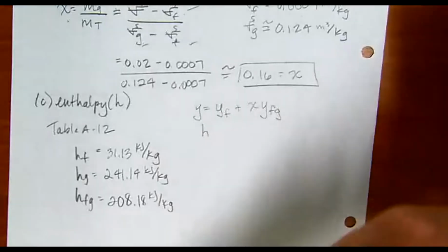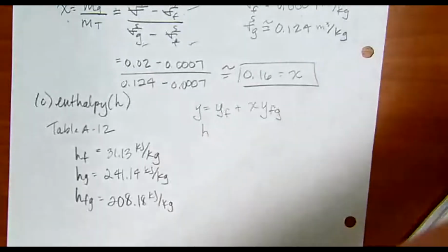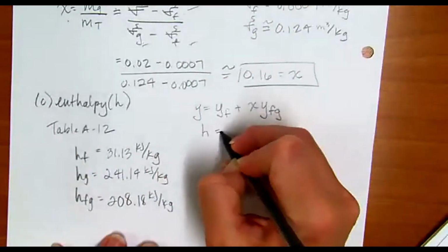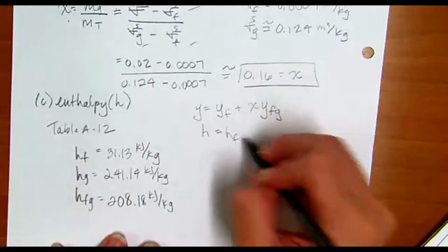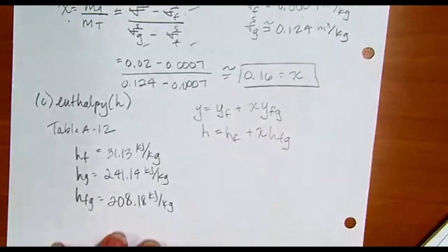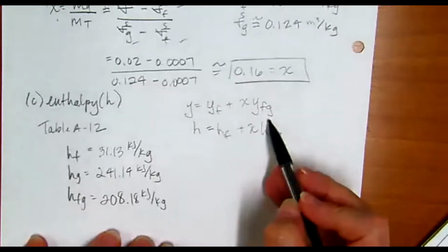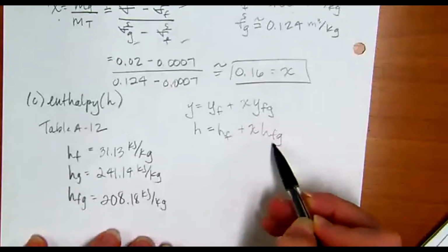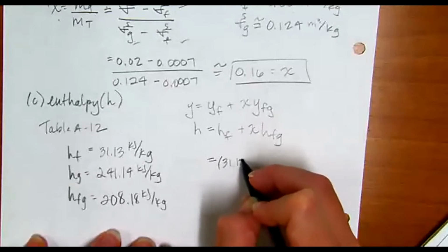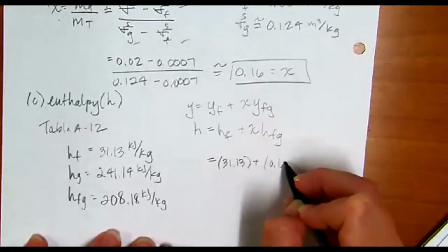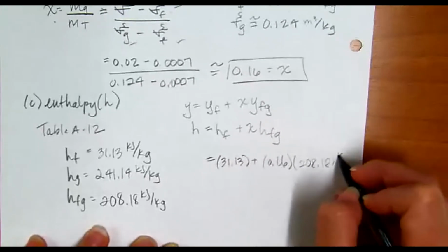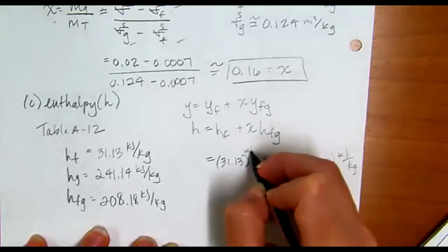If we're doing this with enthalpy, enthalpy is equal to enthalpy of our liquid plus quality times enthalpy of our liquid vapor. We have quality from part B. We have our enthalpy values here because we looked them up. So now we can just plug and chug. So 31.13 plus 0.16 times 208.18 kilojoules per kilogram.